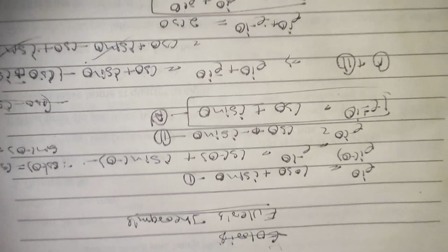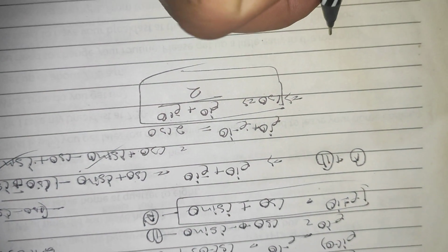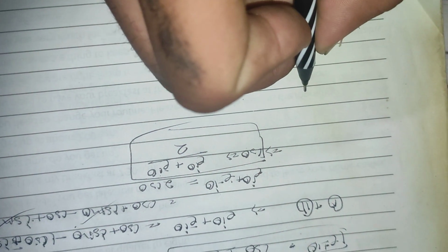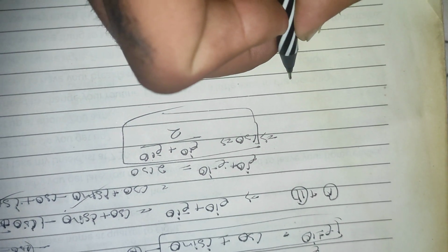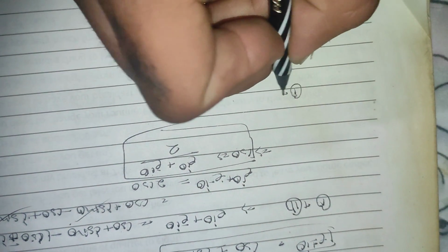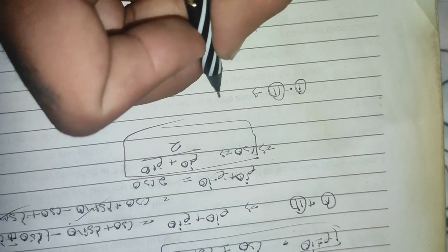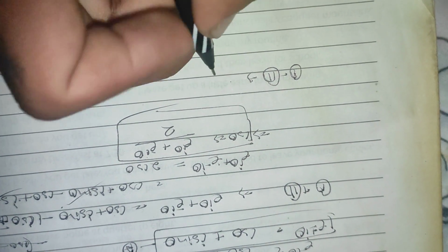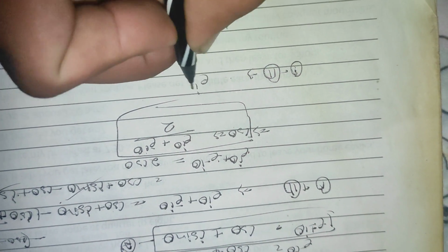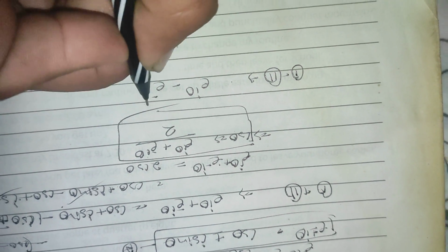This is cos theta. Now we subtract: e to the power iota theta minus e to the power minus iota theta.